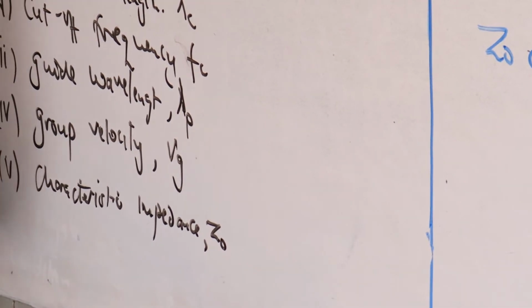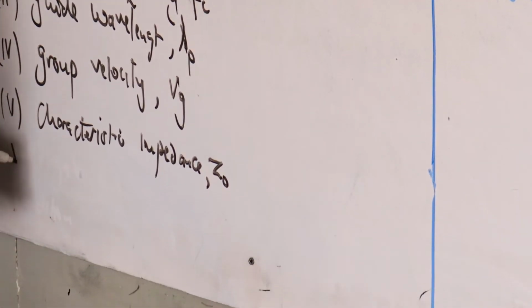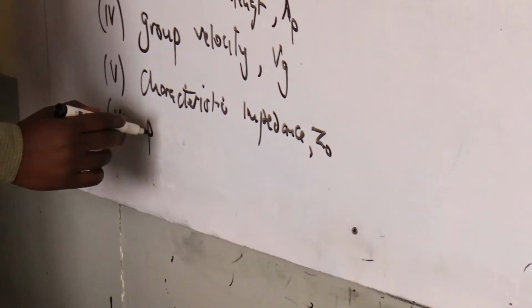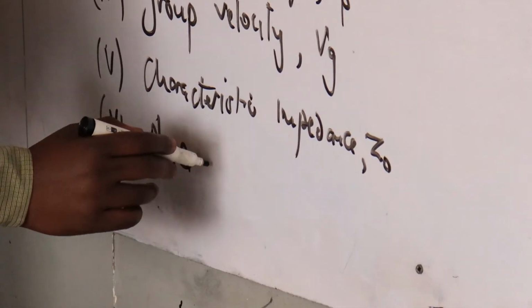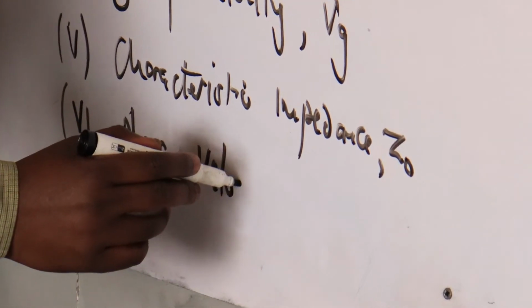We can even have Roman 6 as maybe the phase velocity.